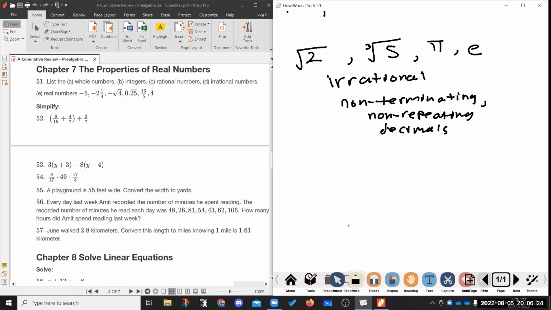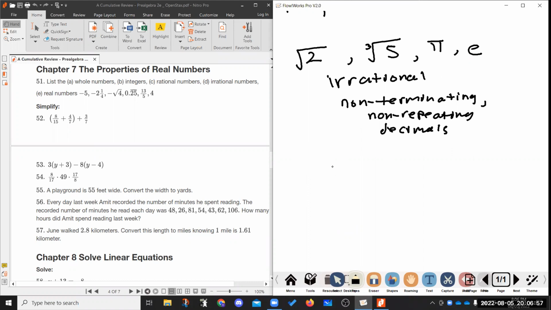So square roots, cube roots, any other root that can't be simplified down into an integer value, things like pi and e that can only be represented by letters or symbols like that, are oftentimes going to be our irrationals.